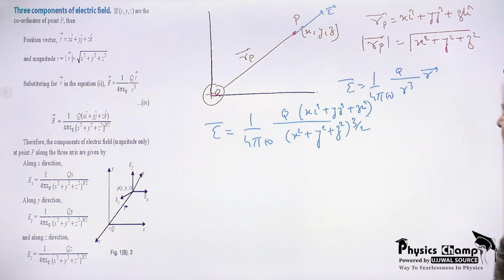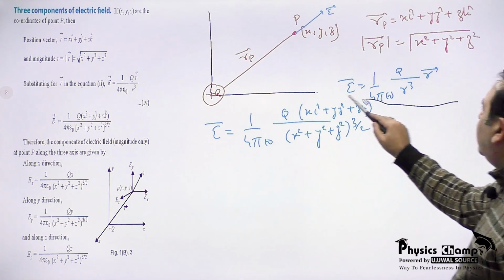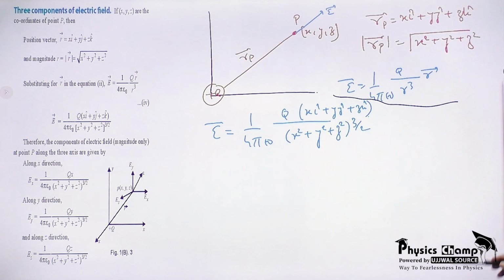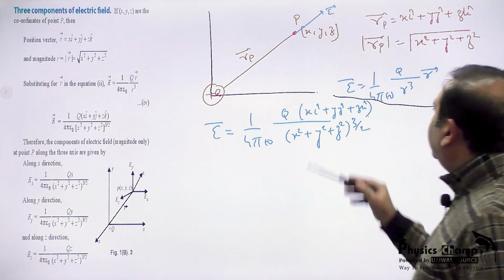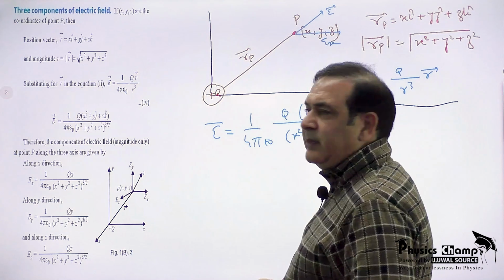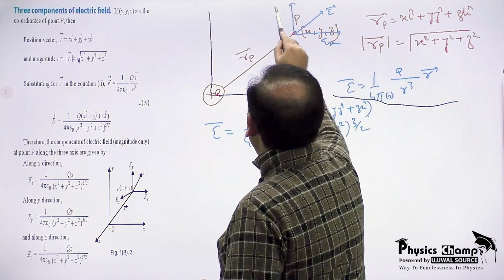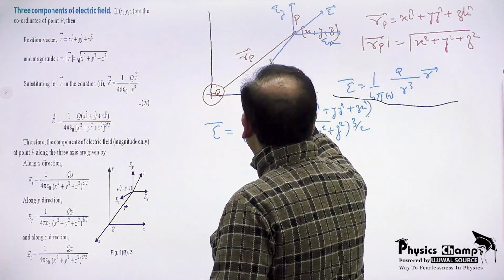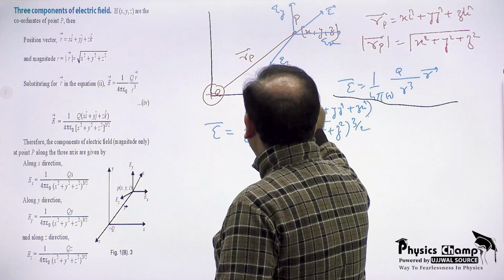But this electric field E itself will have three components. It may have one component in x direction, one component in y direction, and one component in z direction.